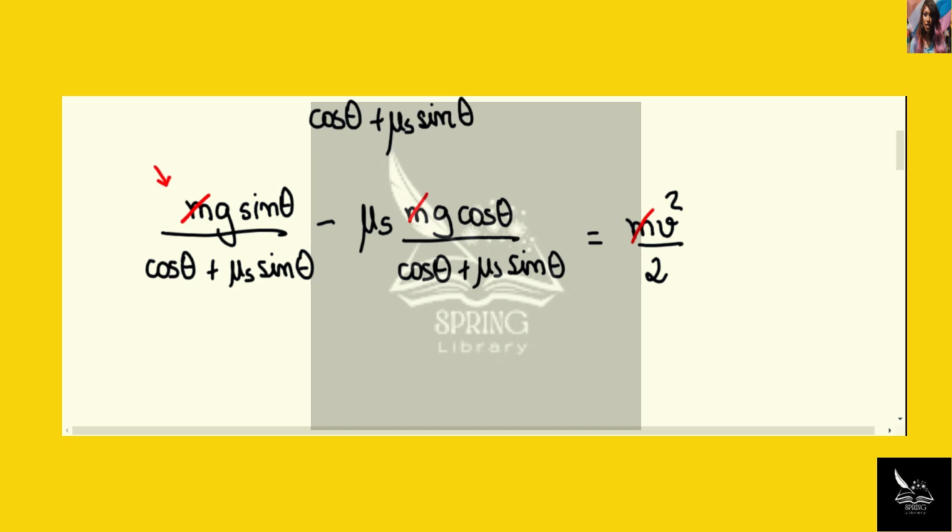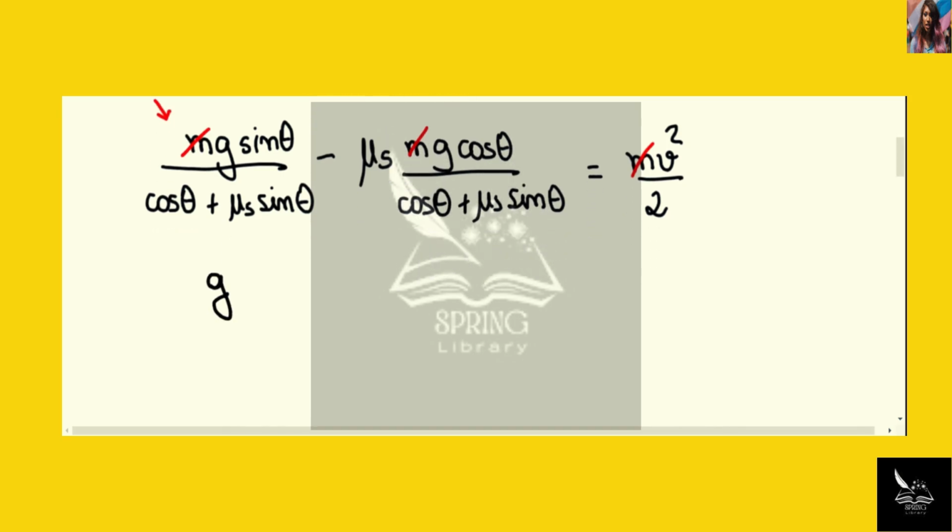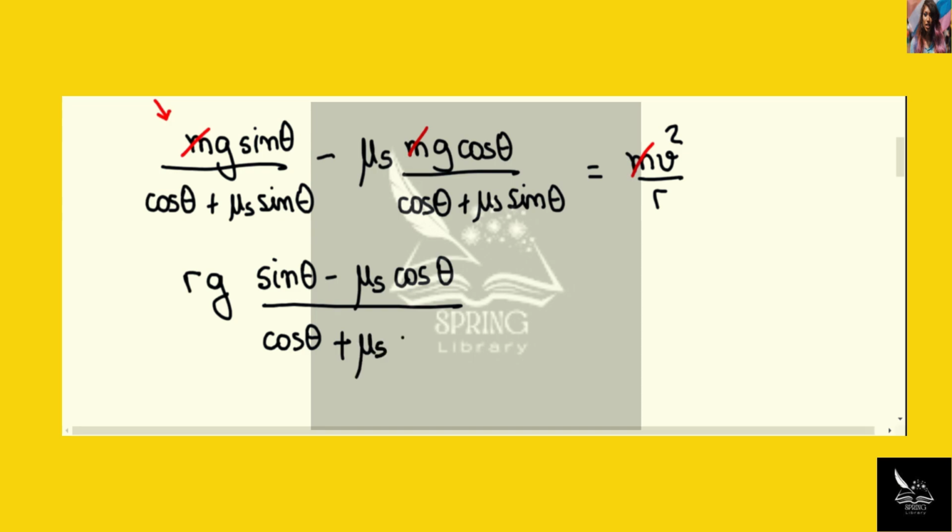So the m's cancel out, and we have r times g times sine of theta minus mu s cosine of theta, divided by cosine of theta plus mu s sine of theta, and this is equal to v squared.